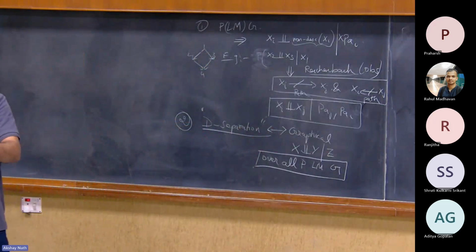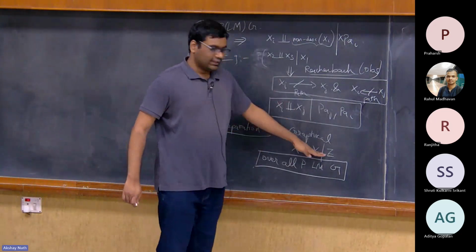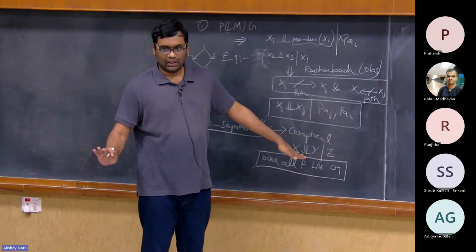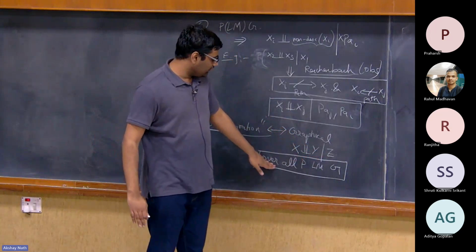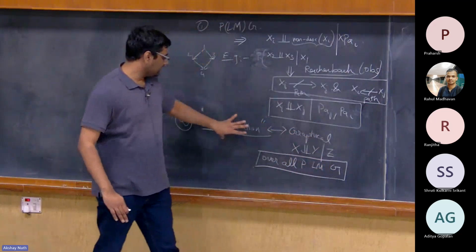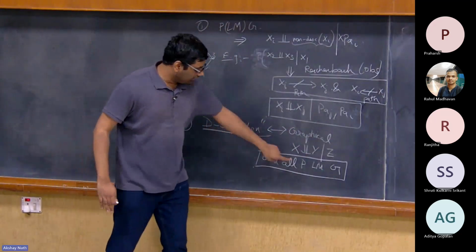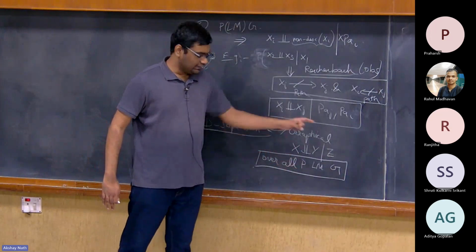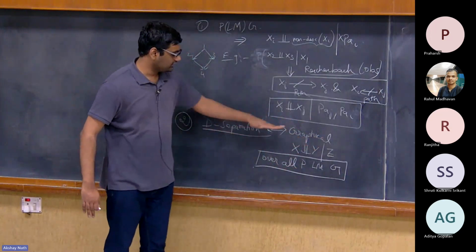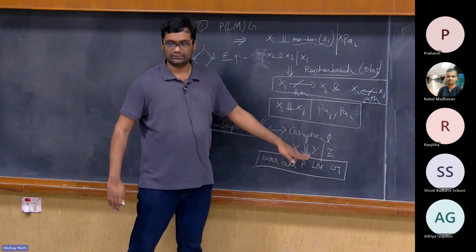It's very, very important that I am not claiming these are the only conditional independencies that are true. I am only saying that if you take all distributions that are locally Markov with respect to G, then it characterizes the set of conditional independencies. But if you have only one distribution, only one direction is true, which is that d-separation implies conditional independence.